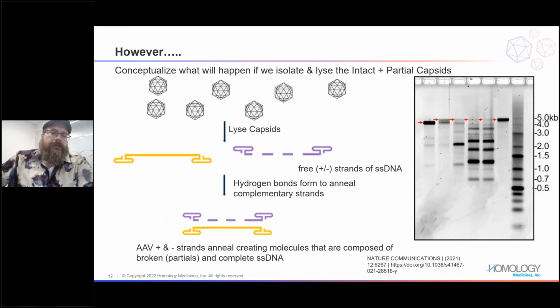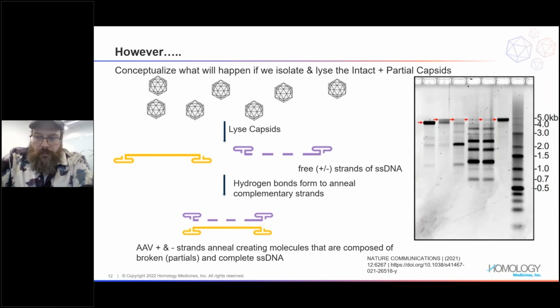However, in the real world, if you were to take one of your designs that you're trying to create, test and investigate, you're not always going to have that perfect scenario. You're also going to have the existence of partial and fully intact capsids.